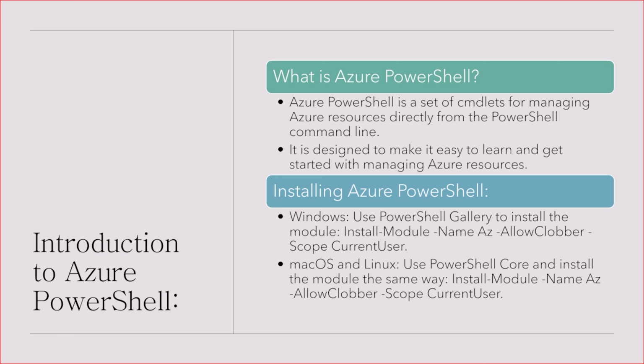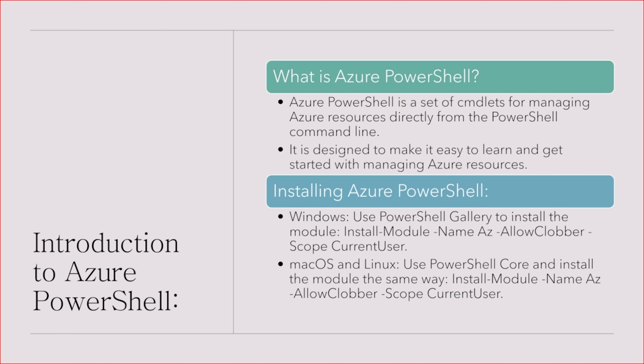Now, Azure PowerShell is a set of cmdlets for managing Azure resources directly from the PowerShell command line, and it's designed to make it easy to learn and get started with managing Azure resources. You can use the PowerShell Gallery to install the Azure module. Now, let's go ahead into the lab.